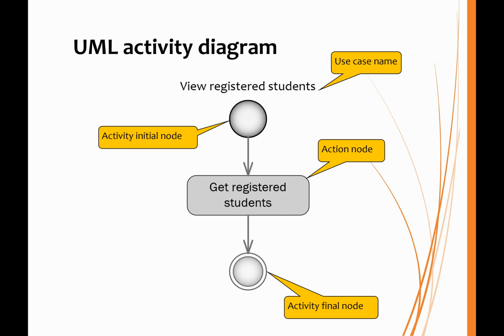So if we can filter out computers while we're thinking about the problem area, then we can really focus on the actual activity rather than the way the activity is done. So we're going to get the registered students rather than go to the database and extract this information and display it on the screen and so on. This is a lot purer. We're focusing only on the what, not the how.